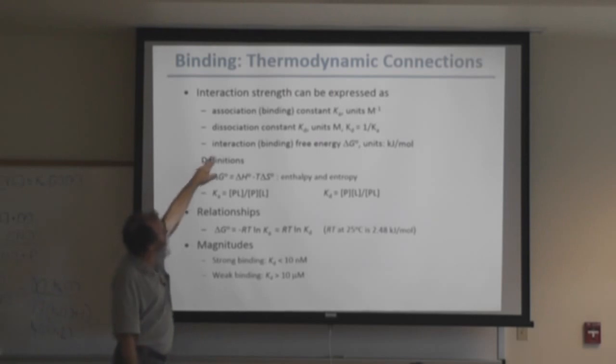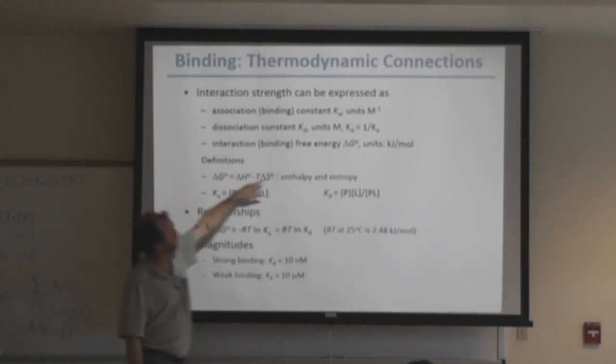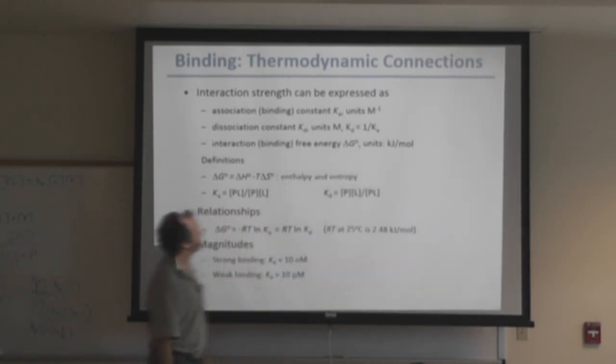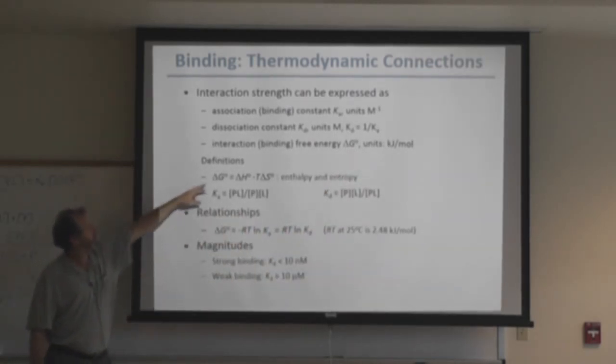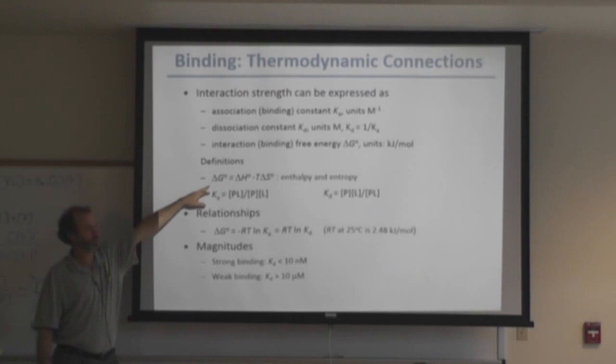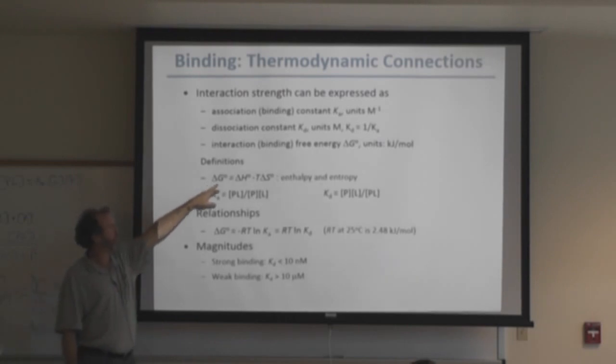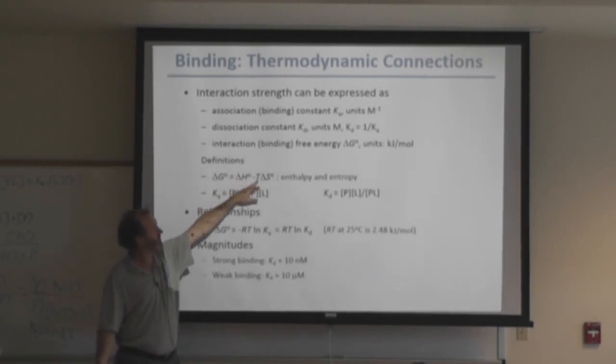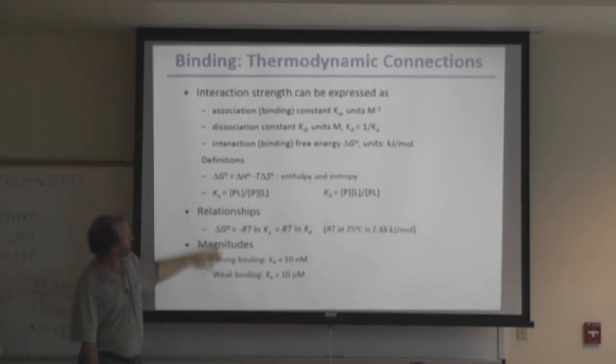And then the interaction free energy is also delta G. This is your standard state delta G in kilojoules per mole. And you guys remember this, right? Standard state free energy equals the standard state change of enthalpy minus the temperature times the change in entropy.